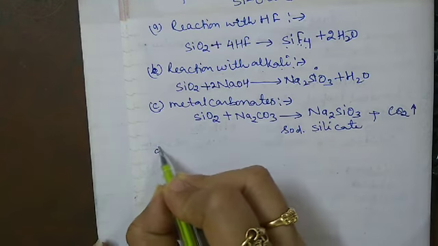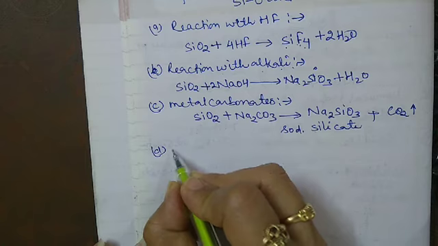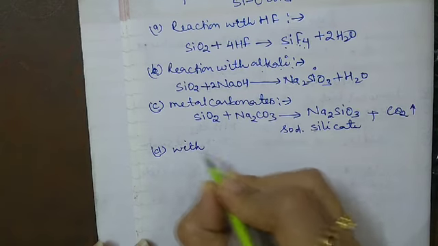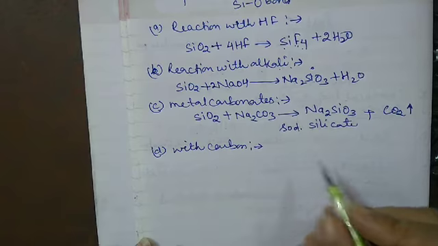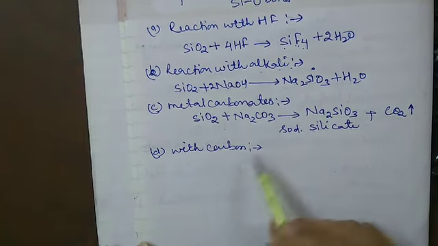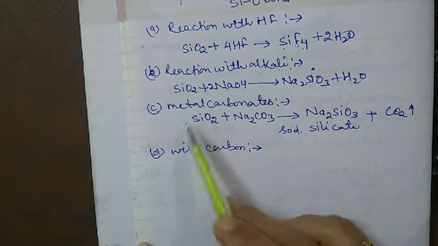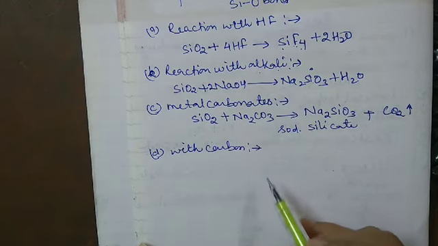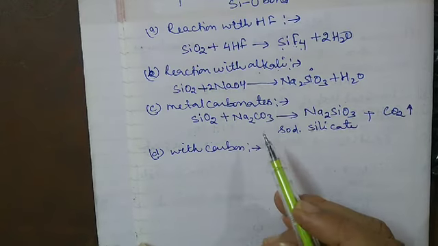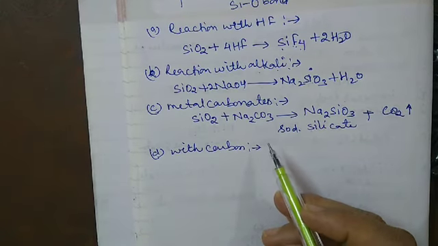Now the fourth one is the reaction with carbon. When the silicon dioxide is heated with carbon in an electric furnace, it is reduced to silicon carbide.